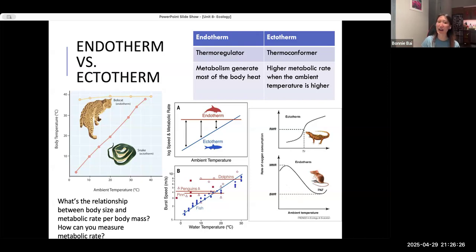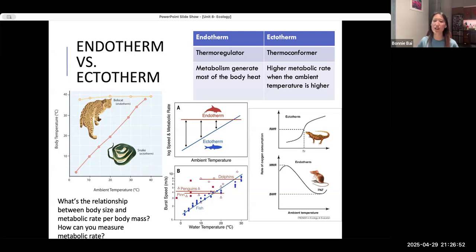And this relates to enzyme activities. Enzymes depend on a certain temperature to work at their fastest. Oh, what is it called? Wait.